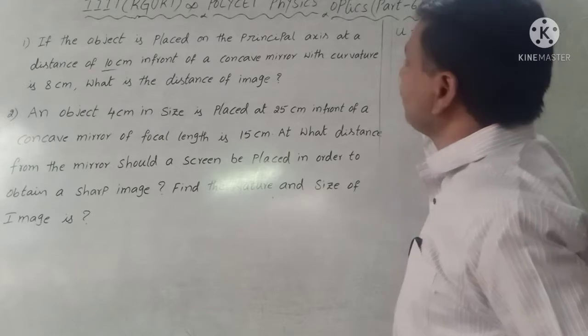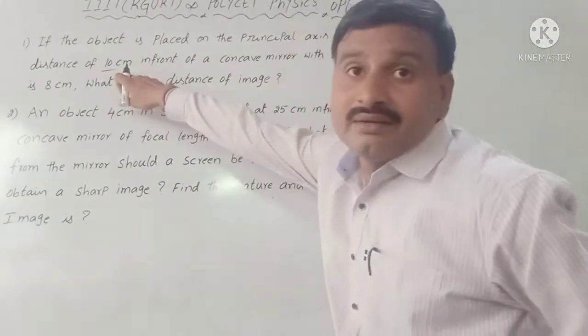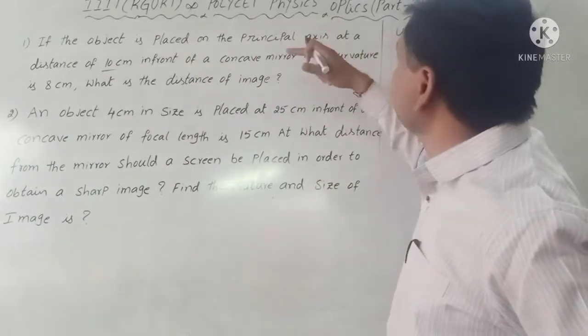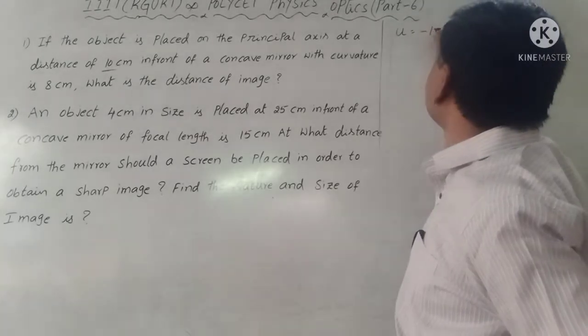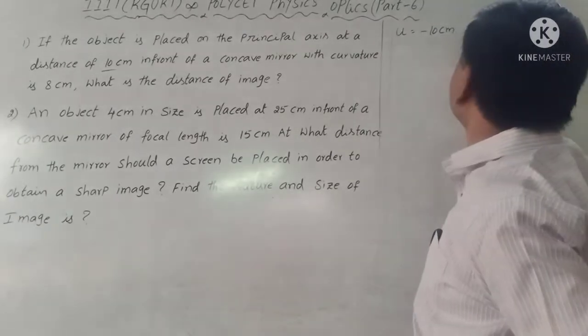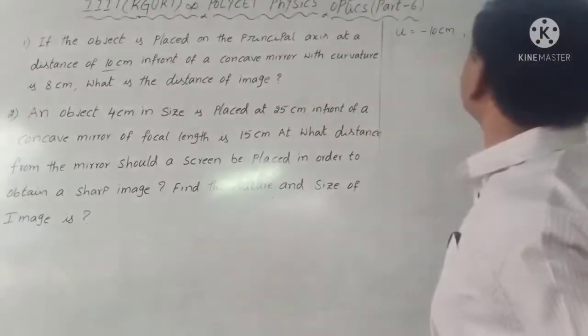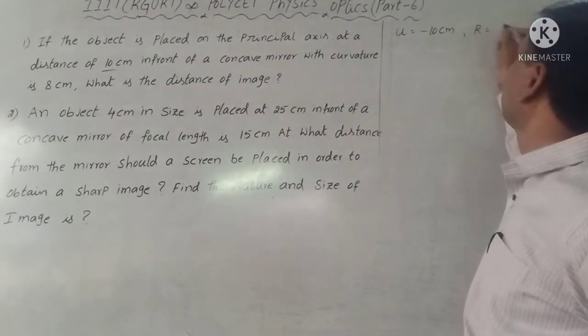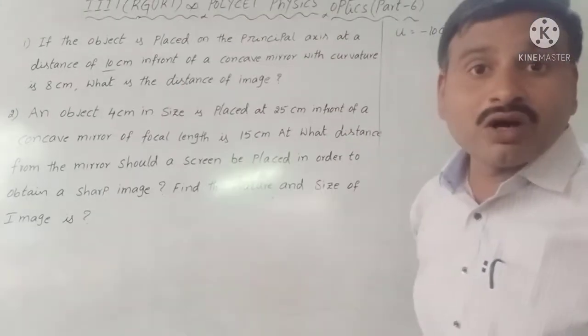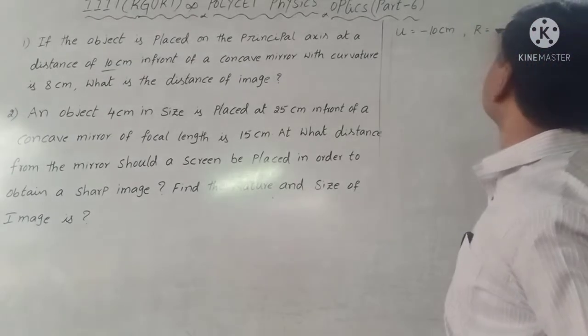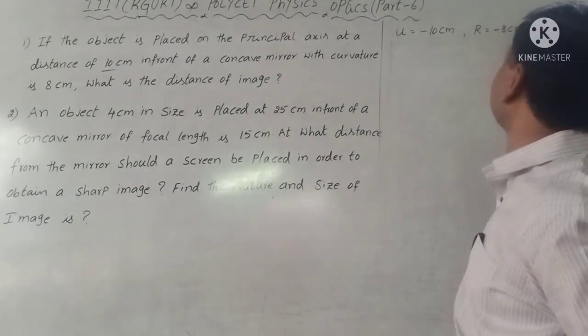Object distance means 10 centimeter from the principal axis, we take minus 10 centimeter. Then the radius of curvature is given. Radius of curvature is taken as negative, so radius of curvature is minus 8 centimeter.